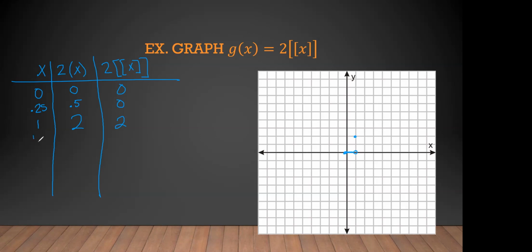If I plug in 1 and 2/5ths, then 2 times 1 and 2/5ths would be 2.8, and my closest whole integer without going over would be 2. Again, I have this horizontal line, and I would have an open circle, because if I plug in positive 2, this would be 4, and my closest integer is 4. So here I have positive 2, and then a closed circle at 4, and this pattern would continue.